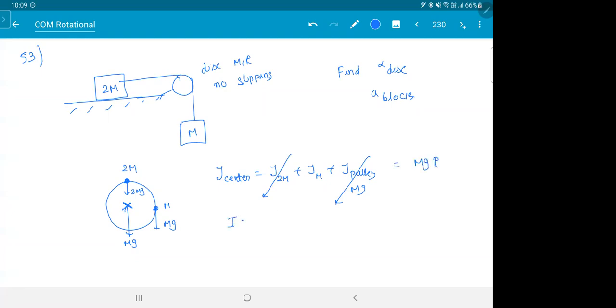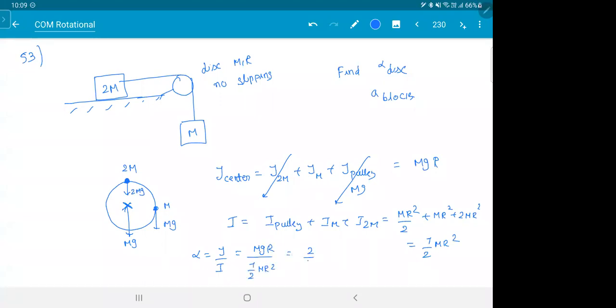What is the total moment of inertia? I pulley plus I of the masses. So even though you don't give torque, you contribute to the moment of inertia. That is mr square by 2, plus mr square, plus 2 mr square, which is 7 by 2 mr square. Alpha is torque by I, which is mgr by 7 by 2 mr square, so 2g by 7r.